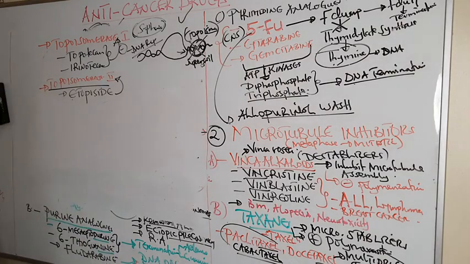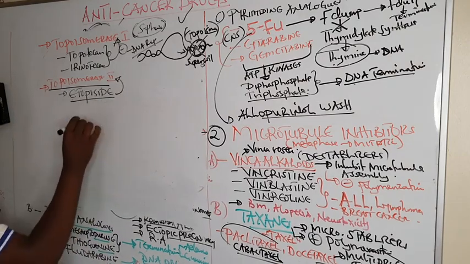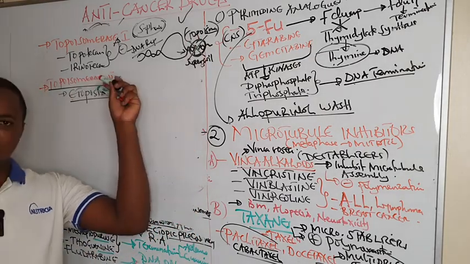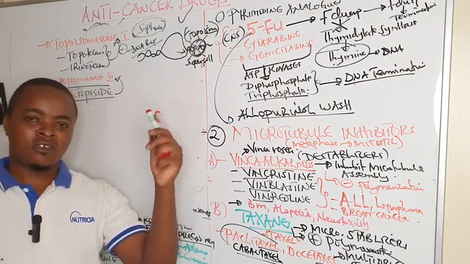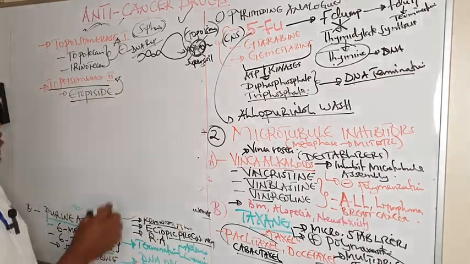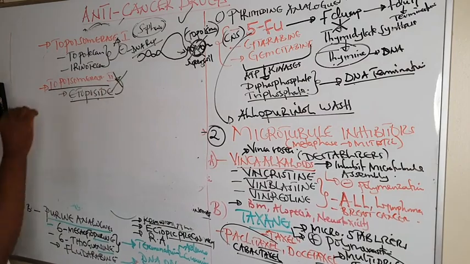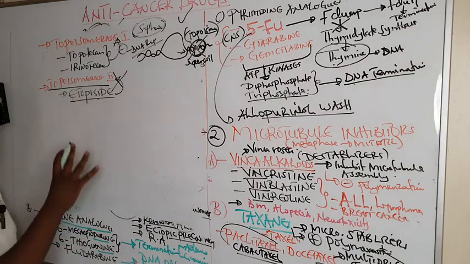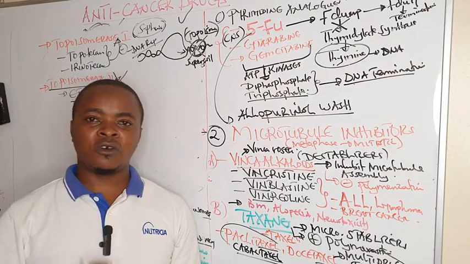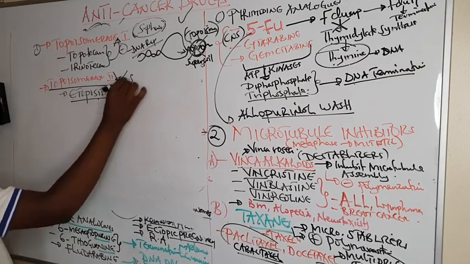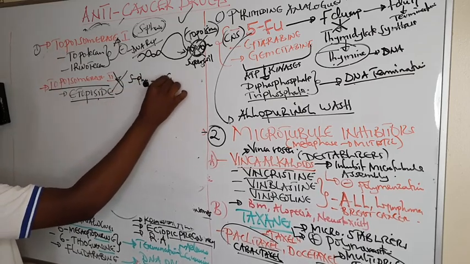But there are also some antibiotics that target DNA gyrase, that is topoisomerase 2. Those are drugs like doxorubicin, epirubicin, and daunorubicin. They also act by inhibiting DNA topoisomerase type 2. So this marks the end of cell cycle specific drugs, which target the S phase and also entry into the G2 phase.